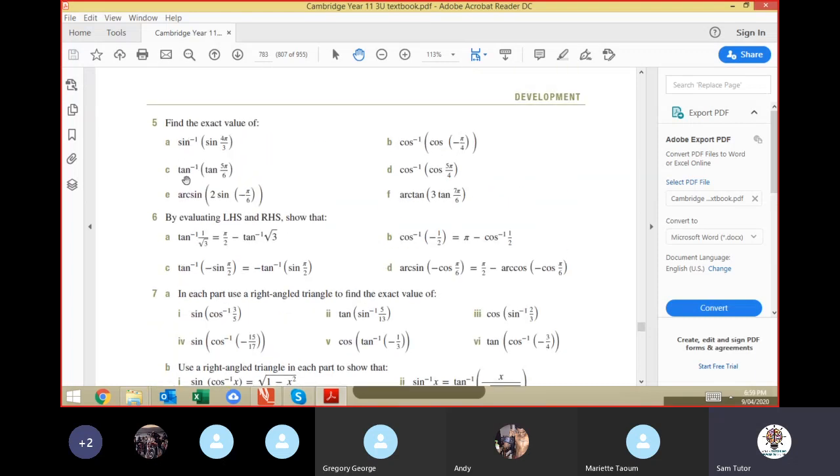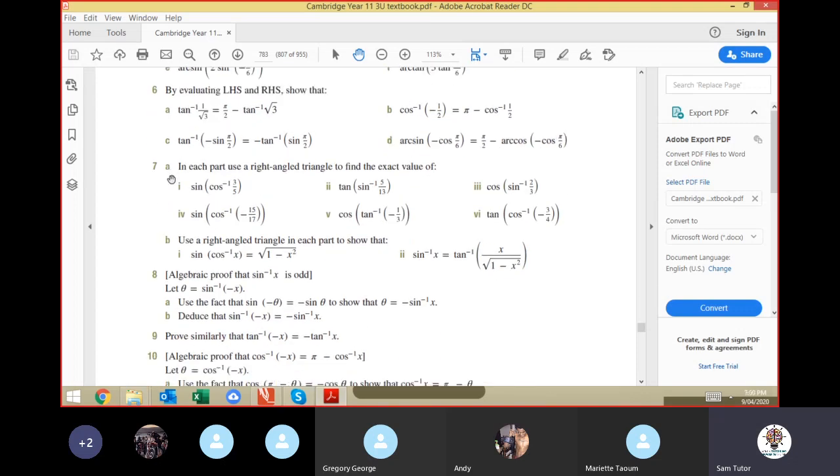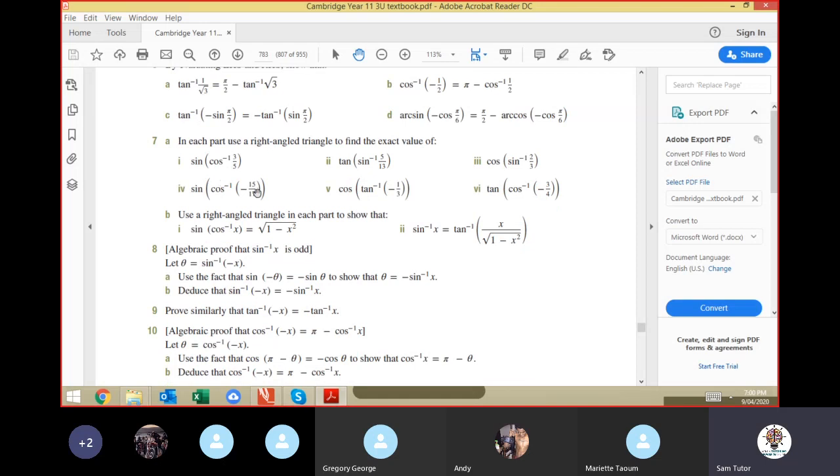So all of these, look, if the inverse is on the outside, you just plug them straight into your calculator. You won't have a problem there. It's these ones here that, and you're lucky in this case, it actually says in each part you've got to use a right angle triangle, but that's the way it's got to be done. So if your normal one's on the outside, your inverse is on the inside, you've got to use that right angle triangle. And hopefully we can get all these negative cases ones right.